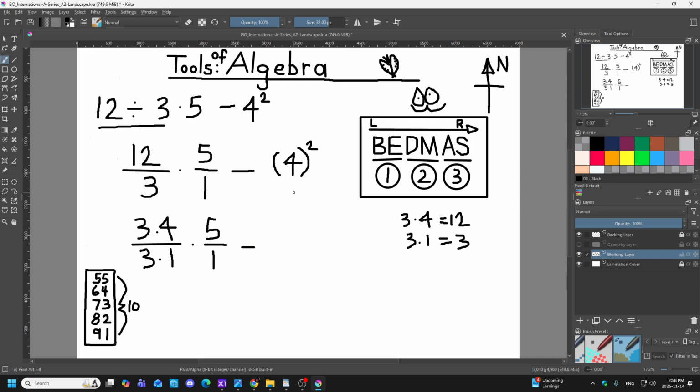And since we're here at this step, 4 squared is 4 times 4, which equals 16, correct? All right. So, showing the work here, we're reducing this.